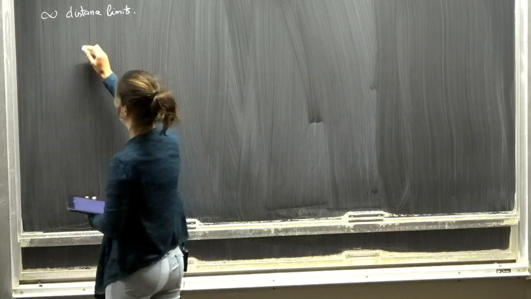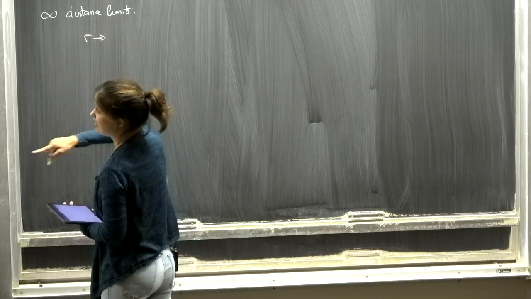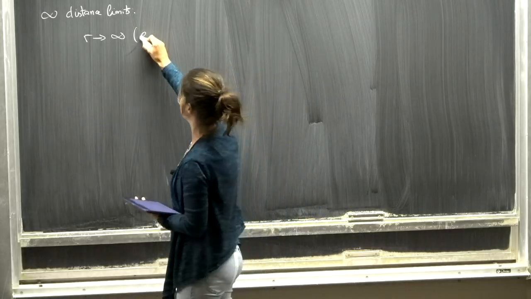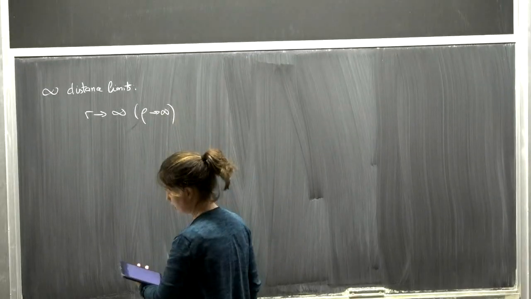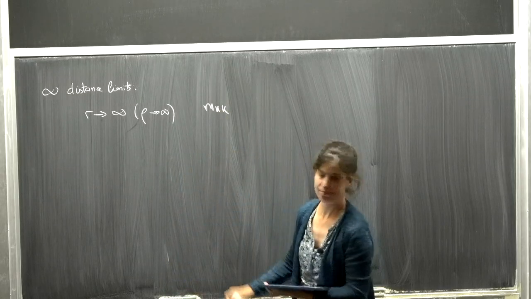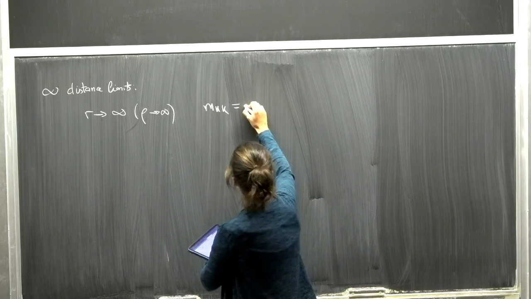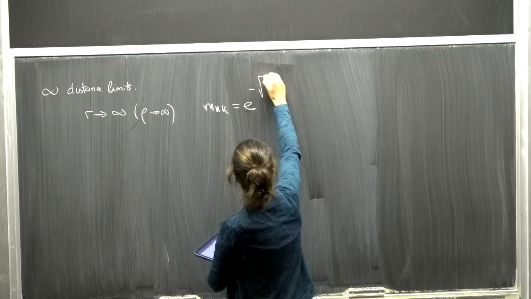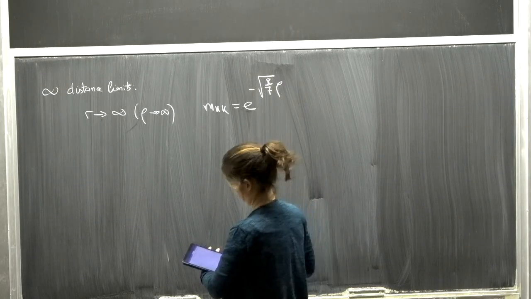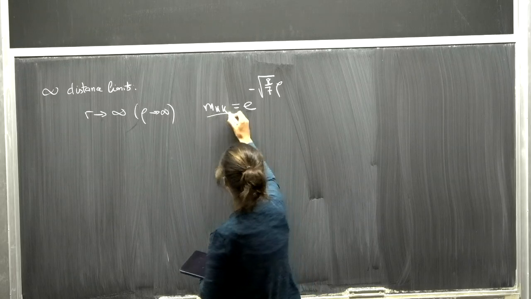Okay, so we saw yesterday that when the radius of the circle becomes large, so rho goes to infinity, this is an infinite distance limit. Then we have the KK tower of states becoming light. I'm gonna write all the powers again because this is gonna be important today. And this is always in Planck units, okay?